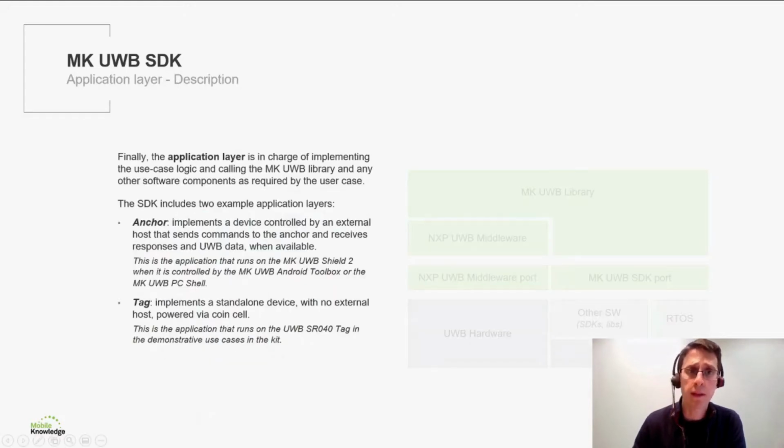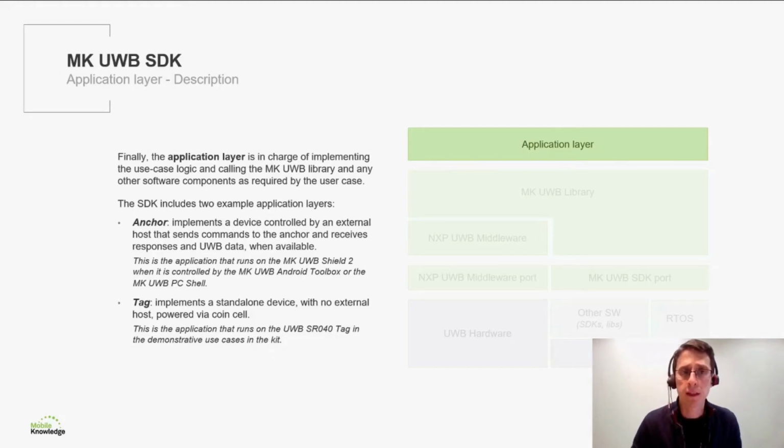The only remaining item in the software architecture is the application layer. The application layer is in charge of implementing the logic specific to the use case. It usually accesses UWB services through calls to the MK UWB library, and it may also use any other libraries or software components. The SDK includes 2 examples of such application layers.